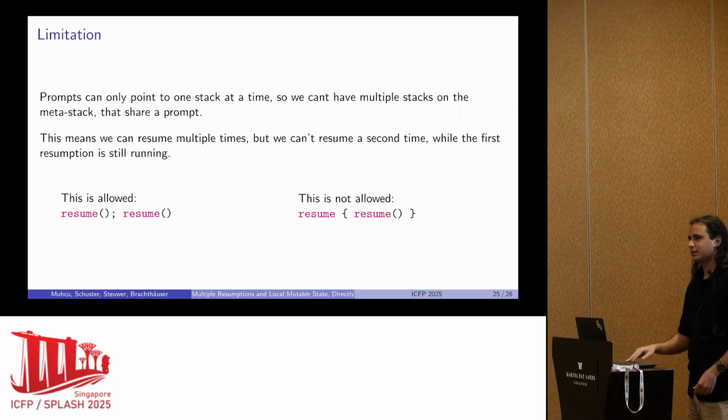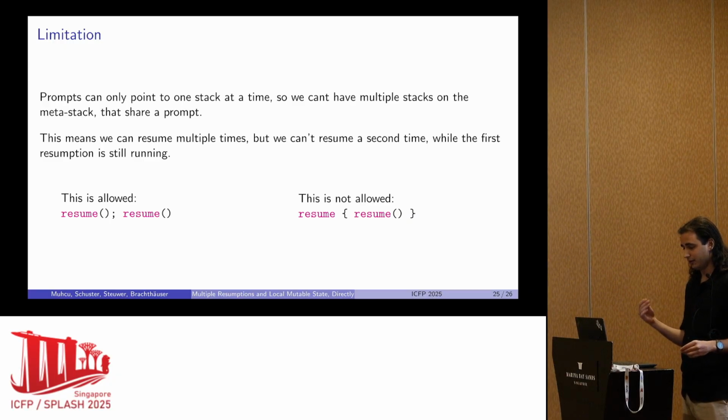Right, there's still one limitation in our implementation. The prompts that we've seen can always only point to one stack at a time. And that means that the meta stack can never contain multiple stacks that share a prompt. In the source language, that means that we can resume multiple times, but we cannot resume a second time while the first resumption is still running.